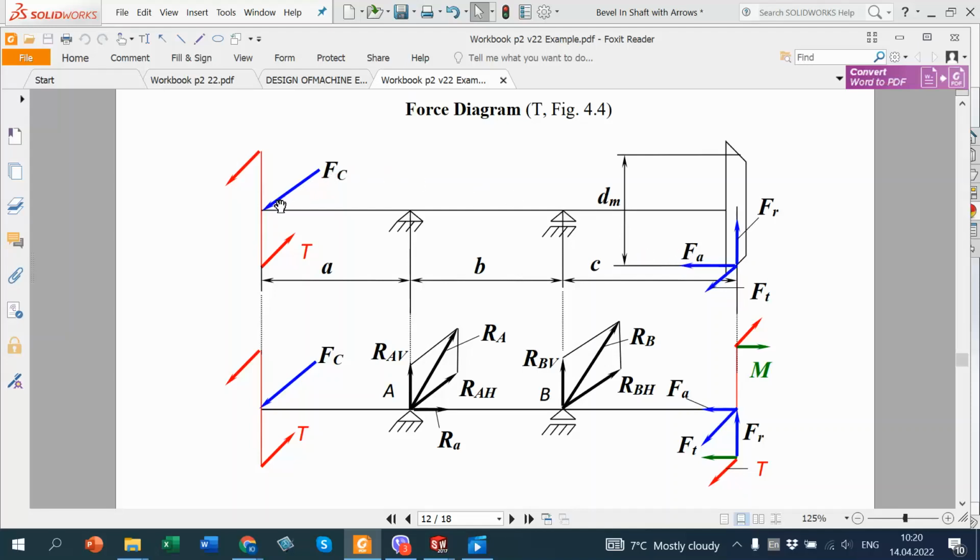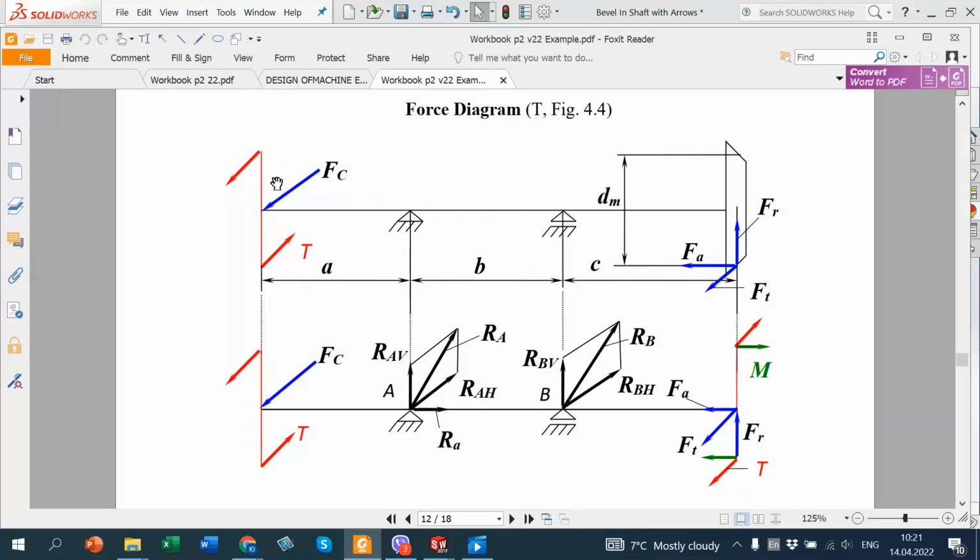And we have one more force, it is a coupling force. This force is not force which is transferred from engine to the driven machine. This is an additional force which may be in our design according to mistakes in manufacturing, in mounting. So it is additional force. It is not force which translated from engine to pinion.